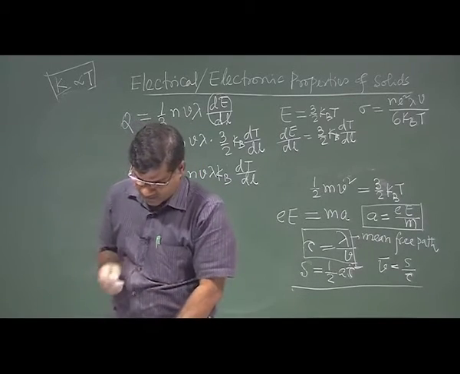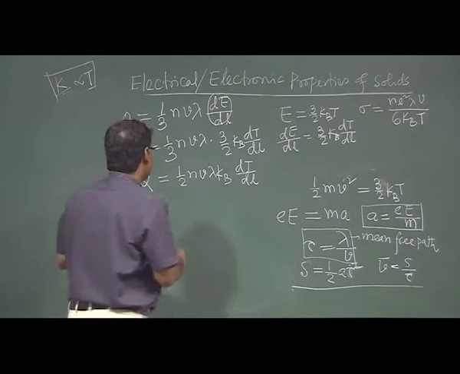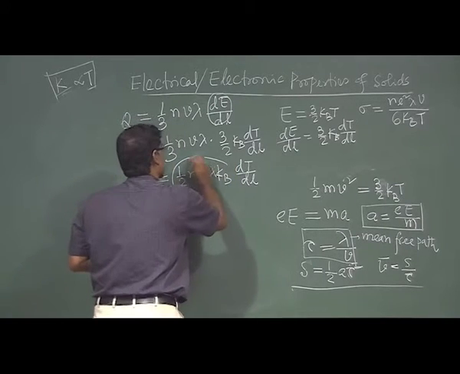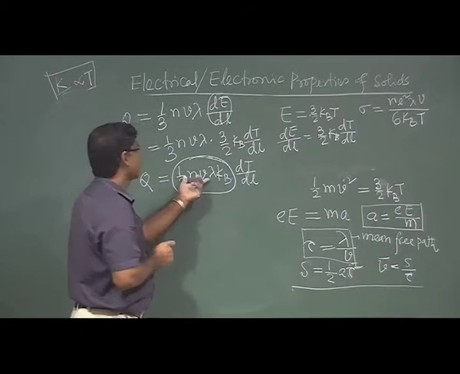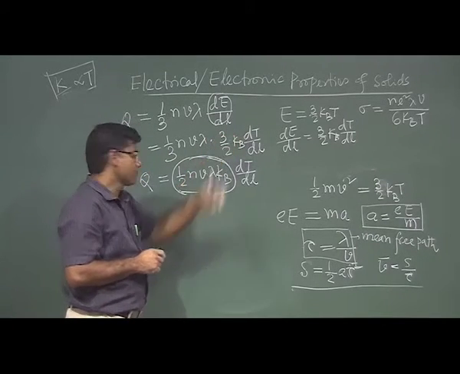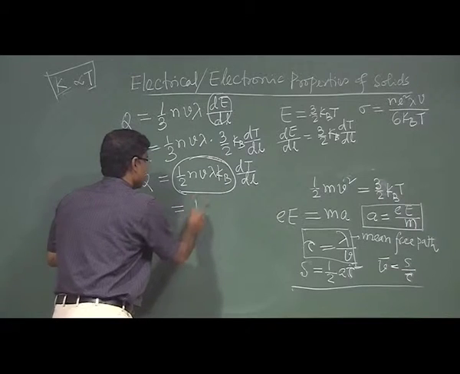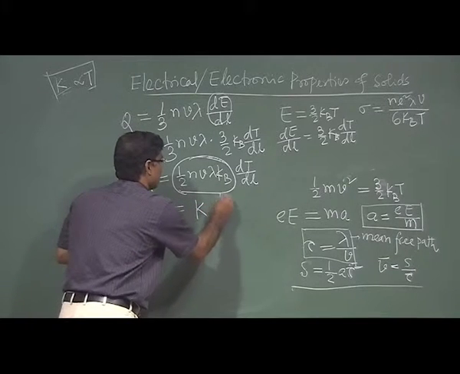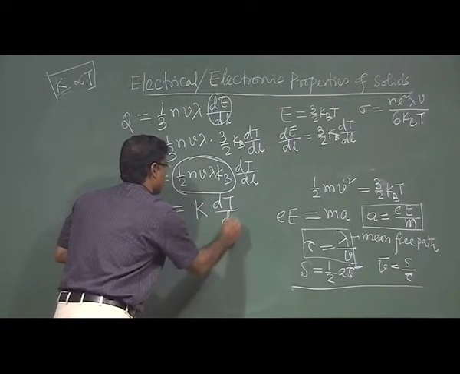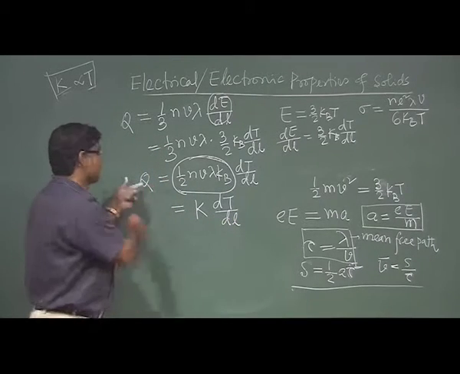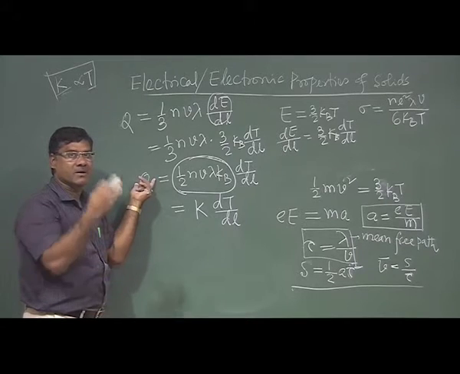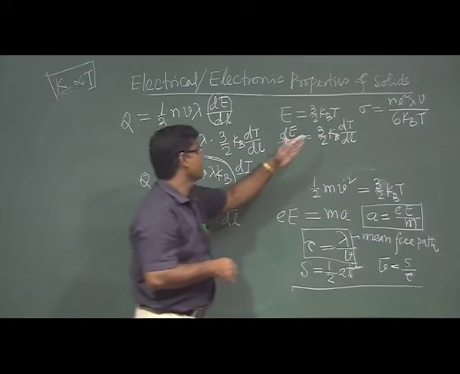Now this one can write as a constant, it is a constant term for a particular metal. And this, per unit time, we have to remember, we have defined per unit time per unit cross section.